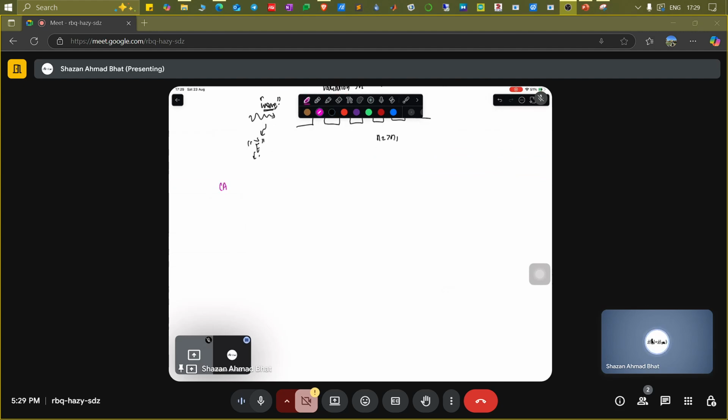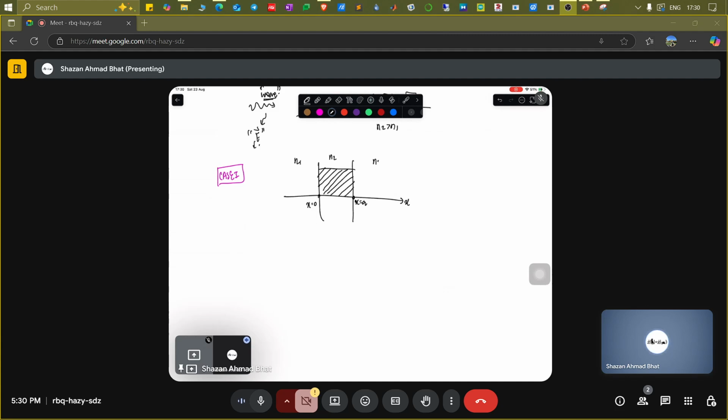Let's say, for example, you talk about case one. Briefly, we'll talk about it. Let's say you have a system where this is the x equals 0 point, and this is the x equals a point, and in this direction is x. Let's say you have some material inside with a refractive index of n2, this one has refractive index n1, and this one has refractive index n3. So you have zone 1, zone 2, zone 3.